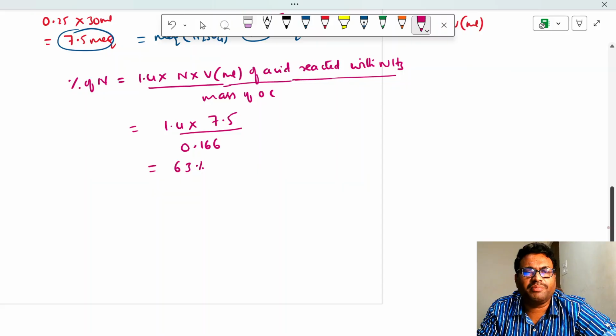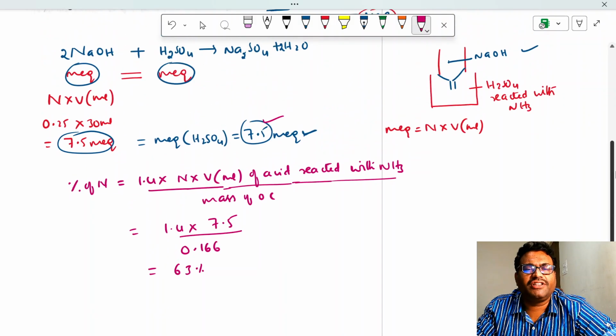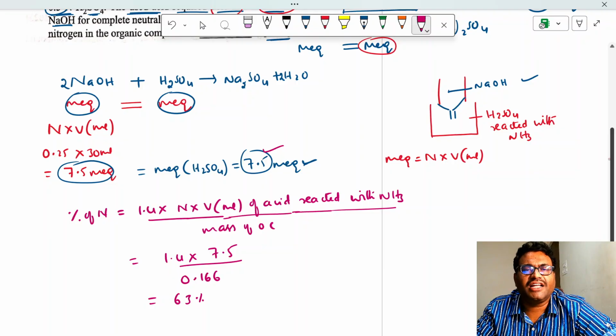You will get the percentage of nitrogen as 63. So understood? This is all about the Kjeldahl method to estimate the percentage of nitrogen present in the organic compound.